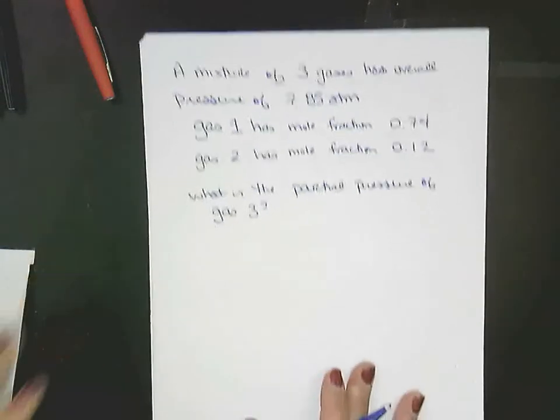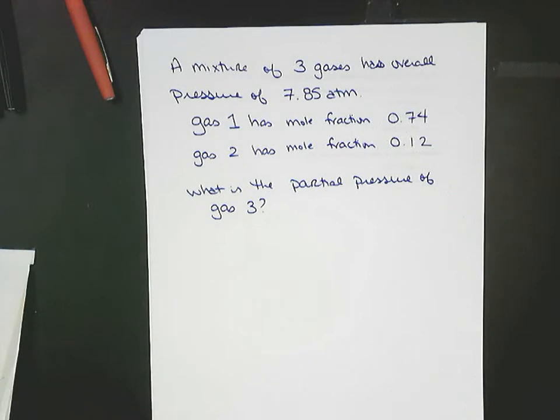All right, we know that gas 1 has a mole fraction of 0.74. Gas 2 has a mole fraction of 0.21. I want to find the partial pressure of gas number 3.